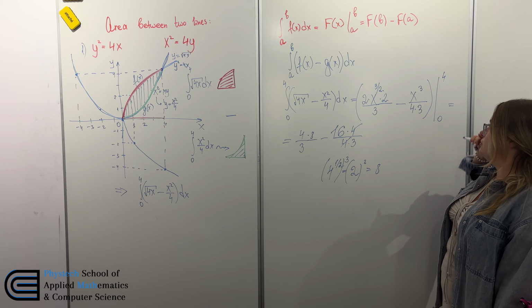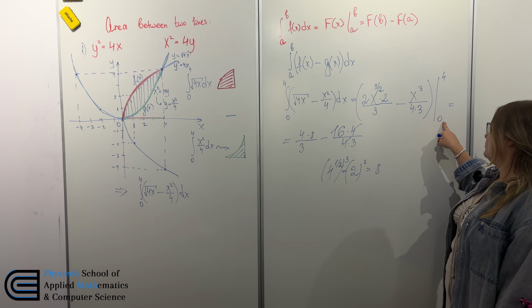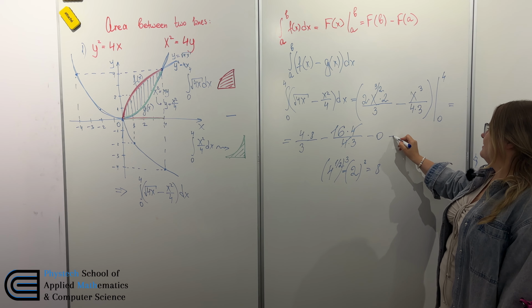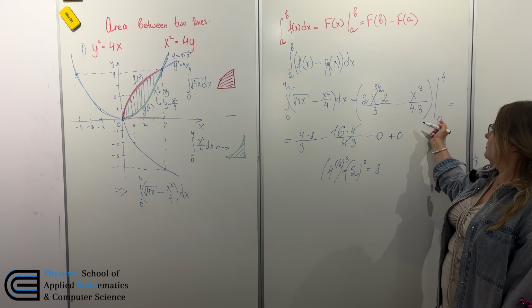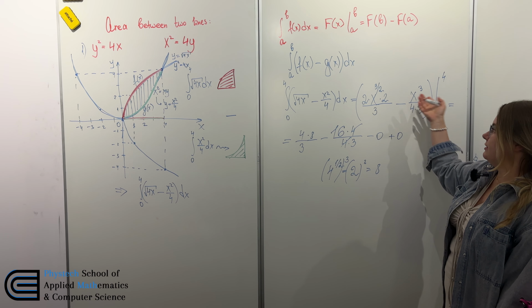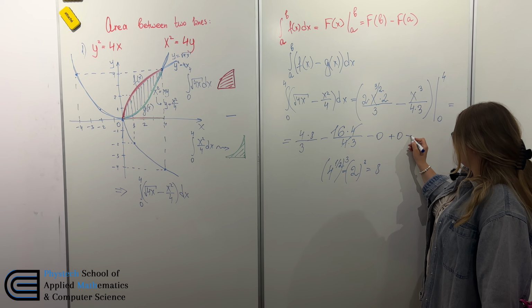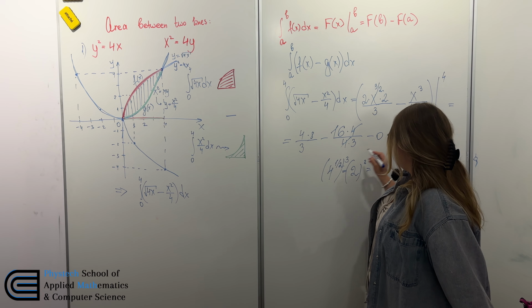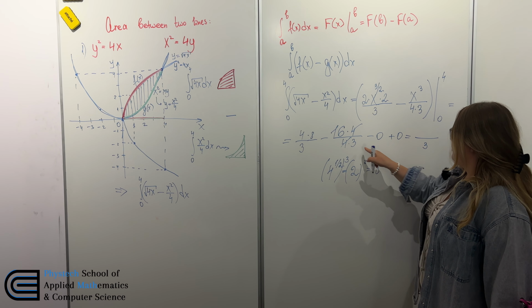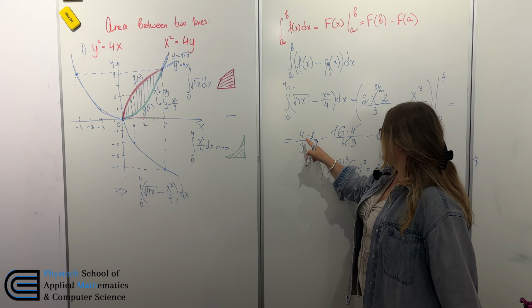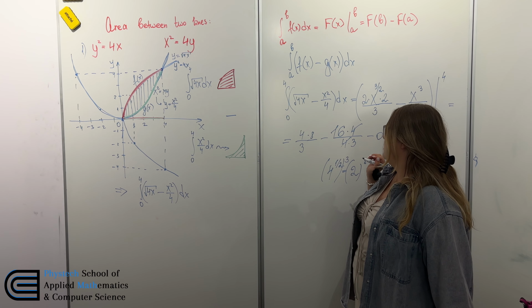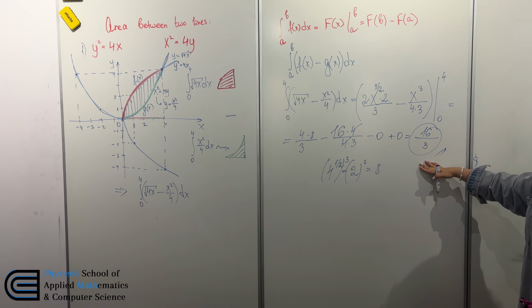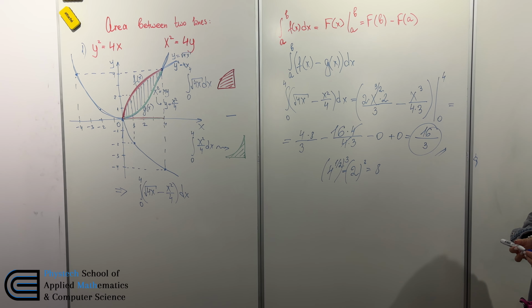Then I should write minus 0 and minus 0, because when we use 0 here and here we have nothing. So that's all what we have here. 3 in our denominator, and here will be 16. This is our final result.